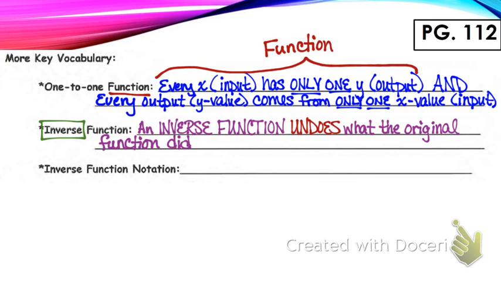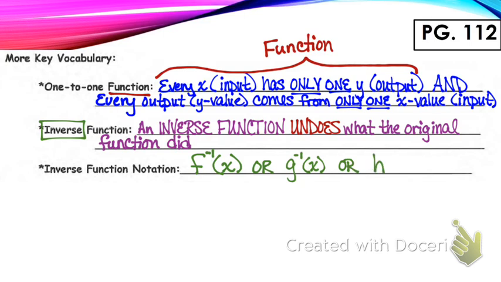Inverse function notation. This one looks a lot like our regular function notation. I'm still going to have the f, I'm still going to have the x inside parentheses. It has a little -1 that looks like an exponent on the function name. So you might see that with g of x.